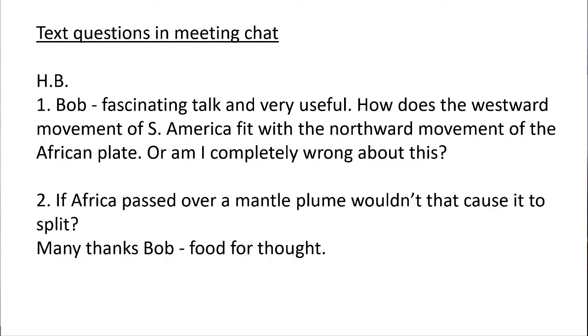Did Africa pass over a mantle plume? It is passing over a mantle plume, but it's not splitting it. The mantle plume will come through a weak point, a suture line or something like that. You know, the plumes need to escape somewhere.